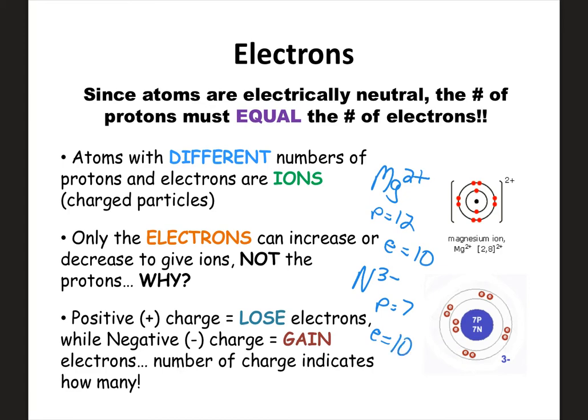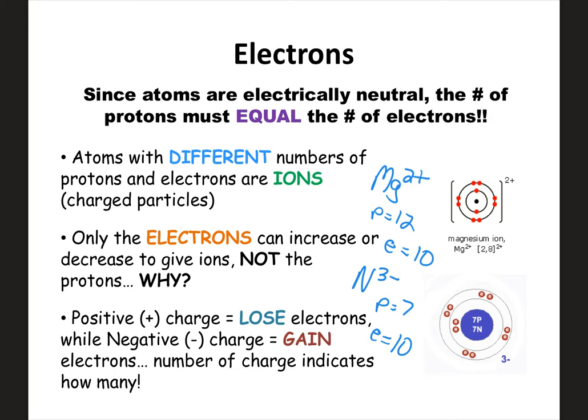Okay. It's not equal here. If the protons were equal to the electrons, it would just be normal nitrogen with no charge. Because it's N3-, you have to have 3 more negatives than you do positives. All right. So if you're an ion with a negative charge, you have to gain electrons. So just be careful with that.